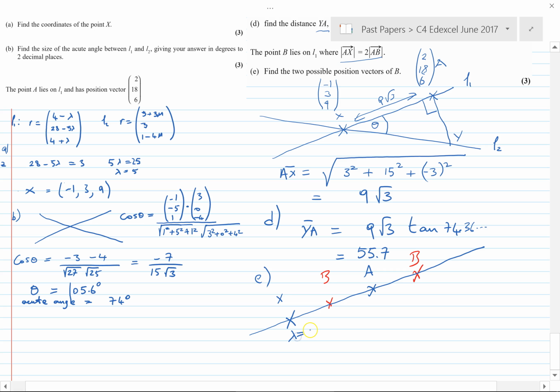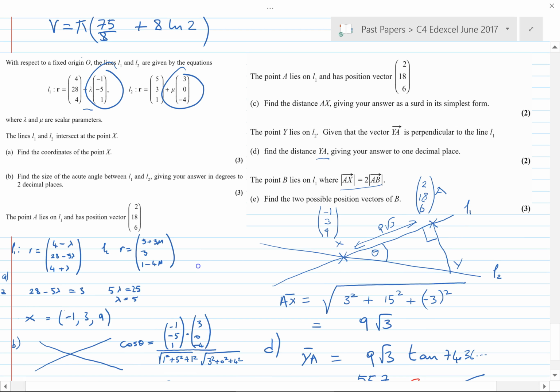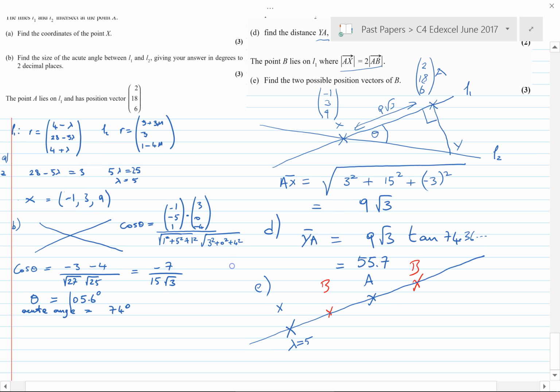That lambda here was equal to 5. And we haven't got the value of lambda for point A, but the coordinate was 2, 18, 6.